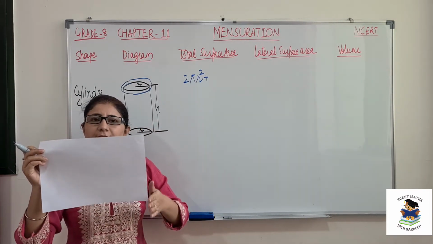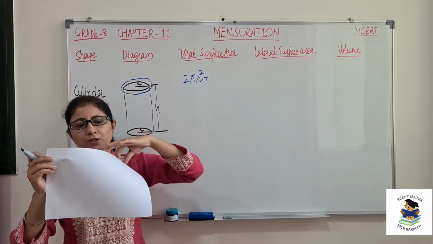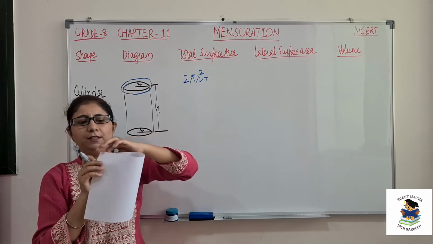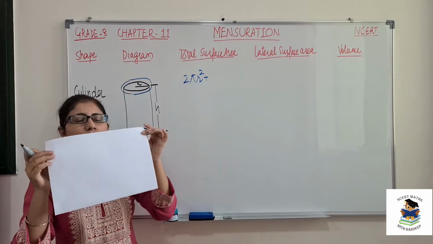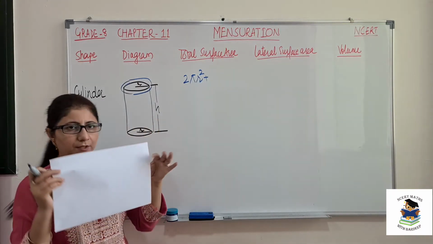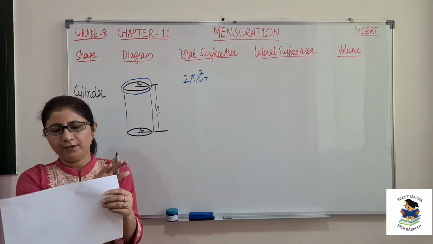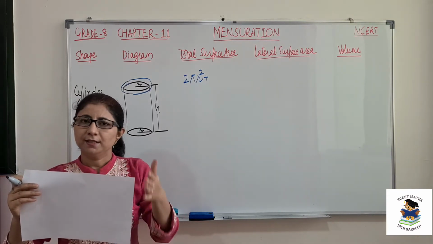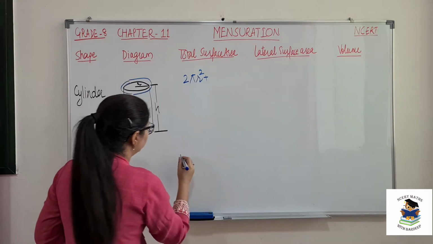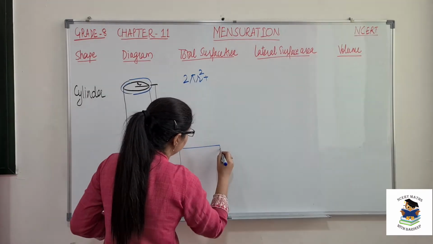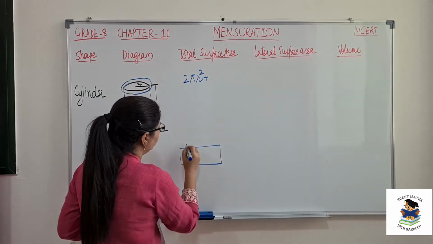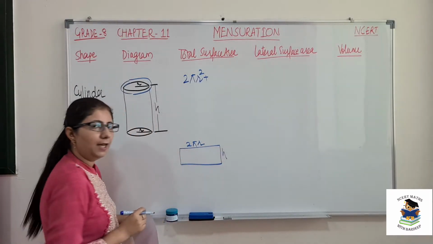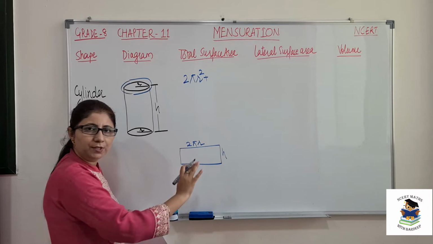And what is this? The height of the cylinder. You can see, this is height and this is circumference. So this will be a rectangle in which we have length 2 pi r and width h. So when you open your cylinder, we have this 2 pi r and this h. So what is the area of this rectangle?